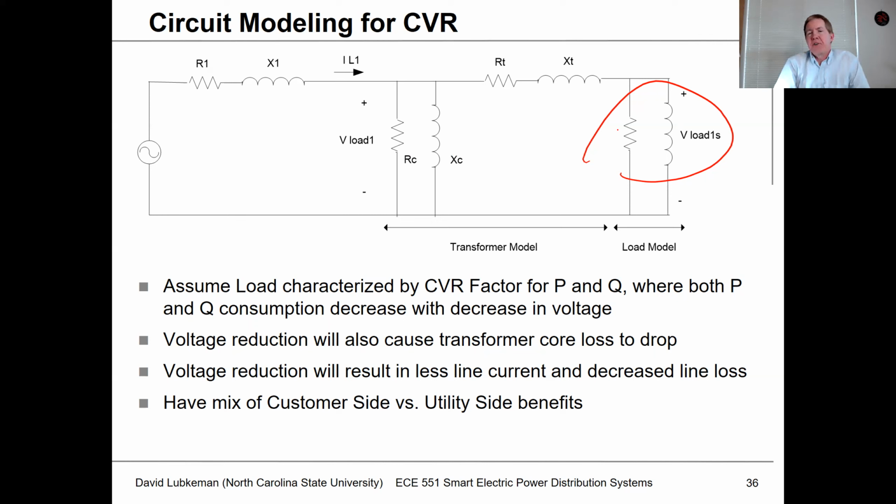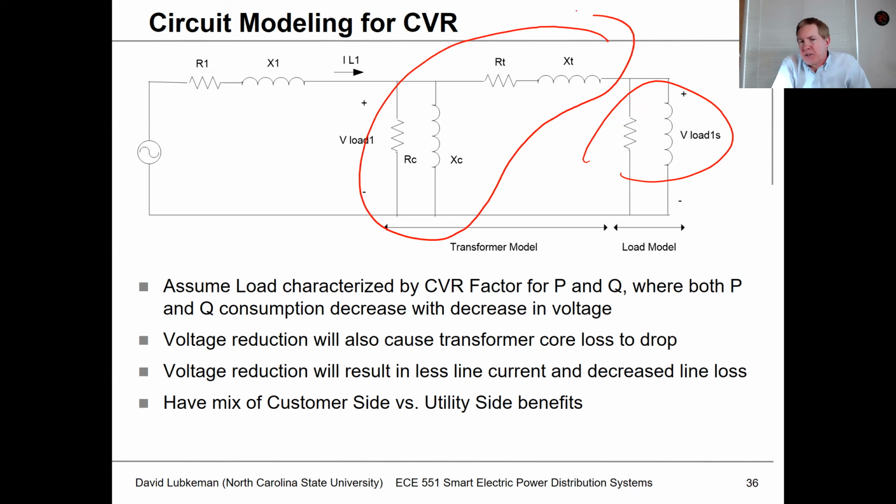The other thing I may do in looking at the benefits is I may actually explicitly model the transformer. The reason I'm doing this is if I can reduce the load, that reduces the I²R loss in the transformer windings. And if I reduce the voltage, this also is going to reduce the hysteresis and eddy current loss.